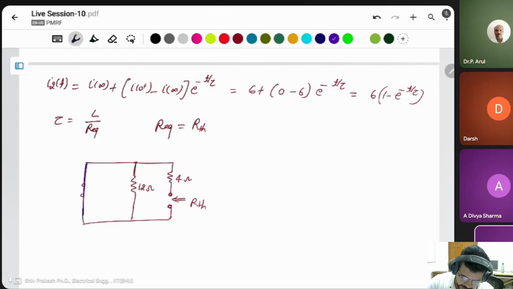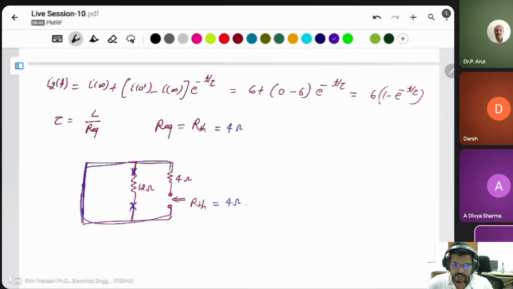It means the whole current is passing through this, not this resistor. It means there is no meaning of this resistor. If there is no meaning, that means the current is passing through like that. Only the 4 ohm resistor is there in this path. That's why the RTH is 4 ohm. Then R equivalent is also 4 ohm.